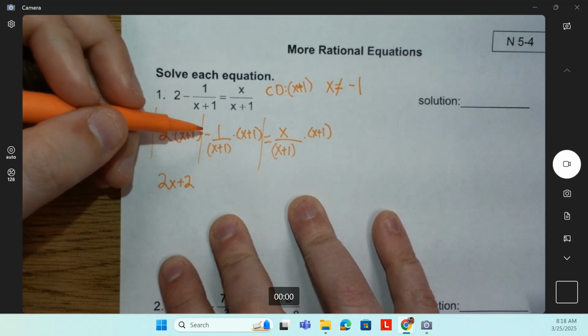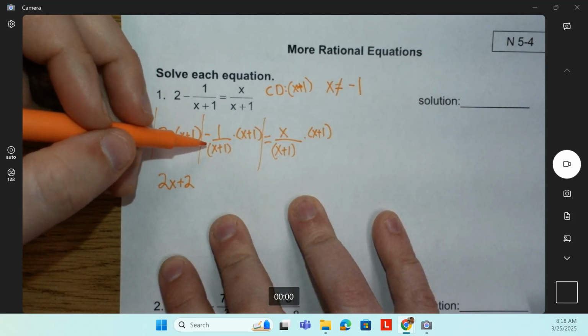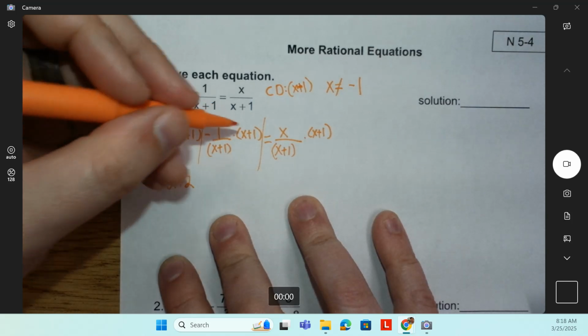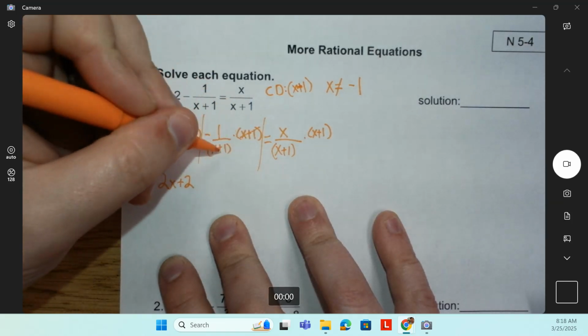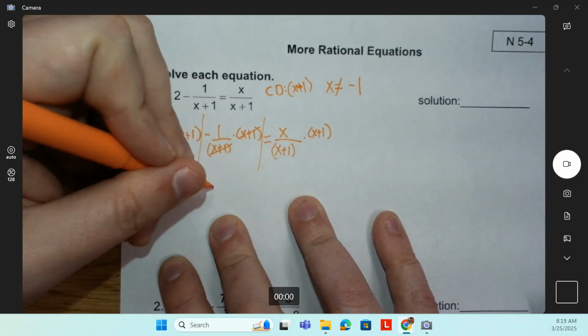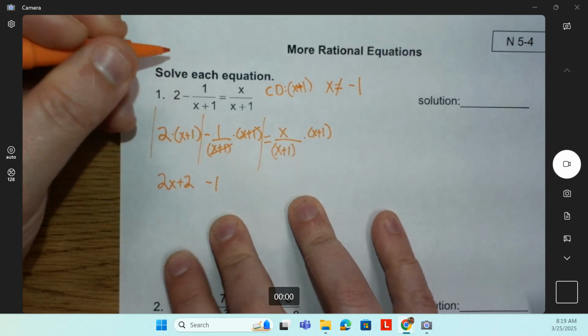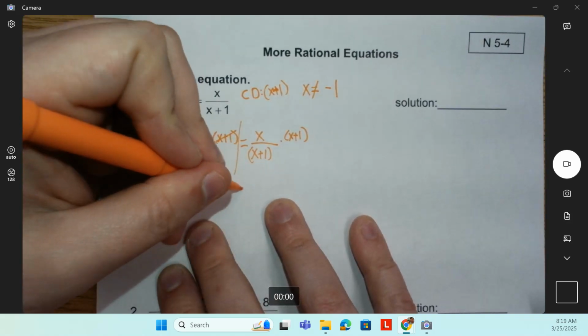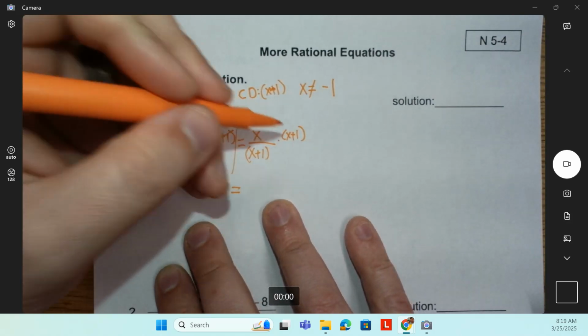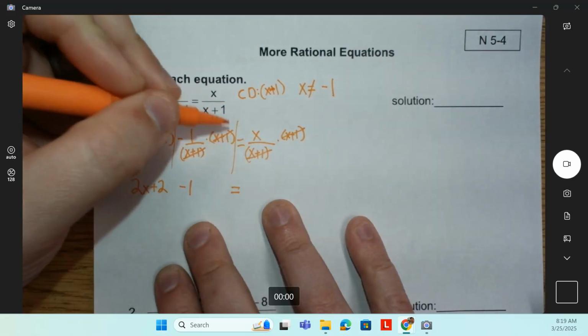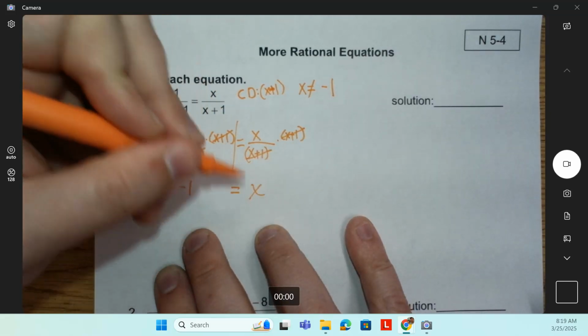Then for negative 1 over x plus 1 times x plus 1, since I'm multiplying, I can cancel those out. That just leaves me with minus 1. The other side of the equal sign, similar thing happens. These cancel out, and I'm just left with the x.